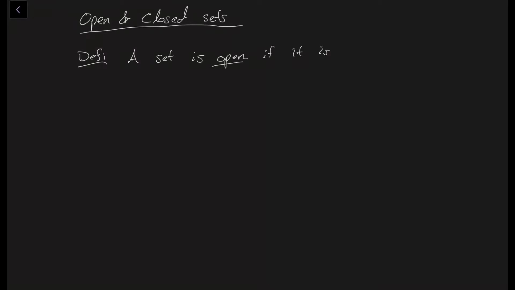And it is closed if its complement is open. Now this is a little different than saying it's closed if it's not open, because topology isn't like doors. It's not just open or closed. We can have sets that are neither open nor closed, and we can also have sets that are both open and closed.